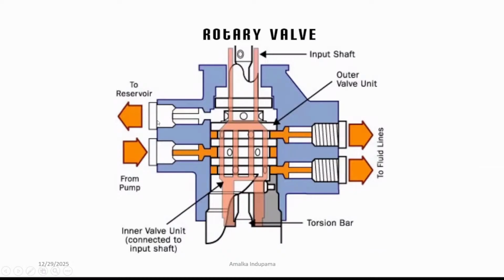This is the fluid control valve, or we call it the rotary valve, which directs the pressurized fluid from the pump to the double acting power steering cylinder at this end, then back again to the reservoir, right?